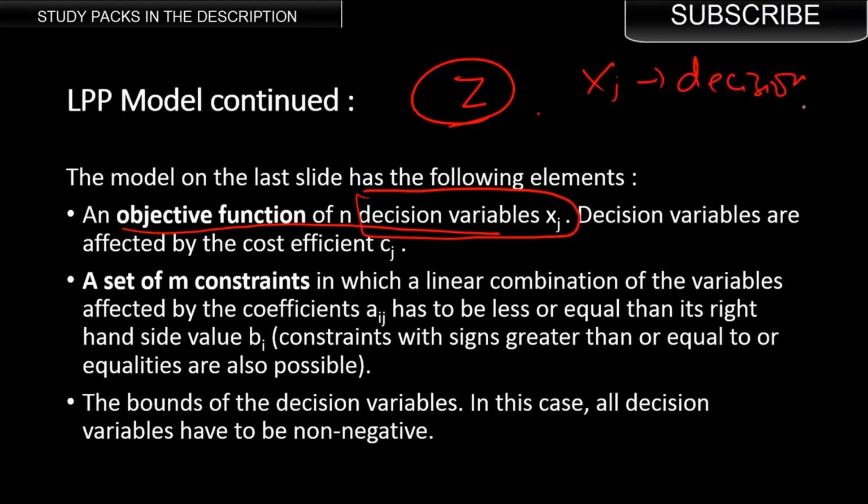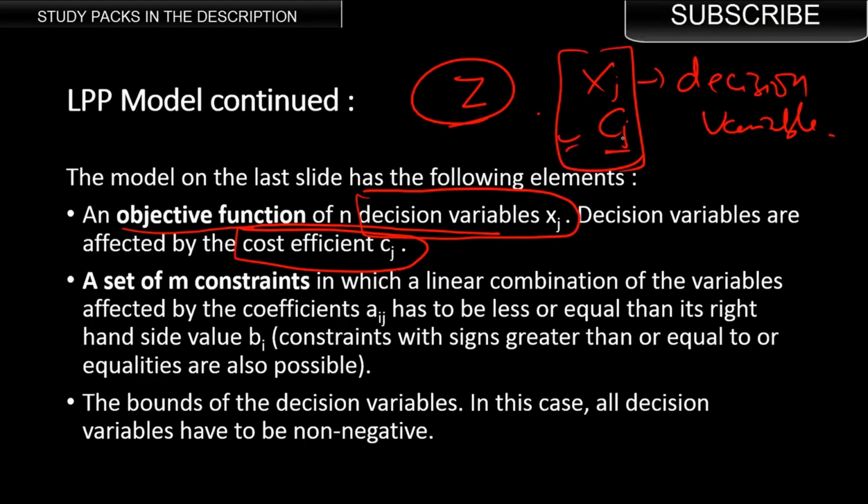You just have to remember this, because these variables are to be found out from optimization, and they are always associated with some of the coefficients, we're calling it cj. And cj, the constant values, are given to us. Okay, and then we have a set of m constraints which are taken into consideration while minimizing or maximizing.